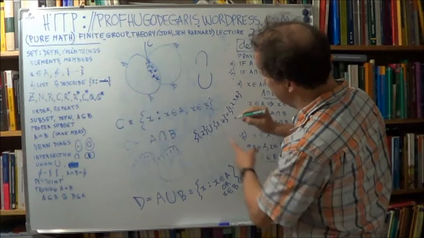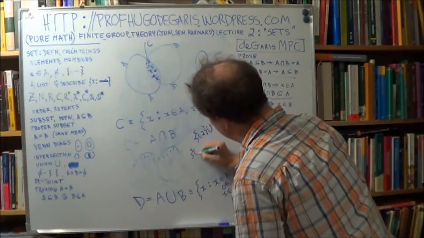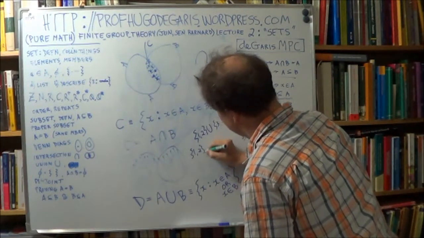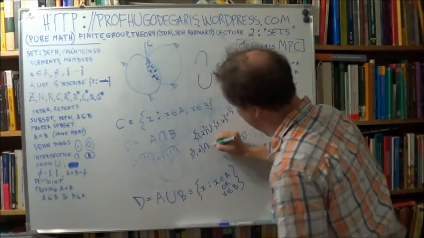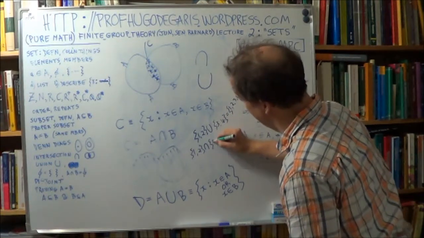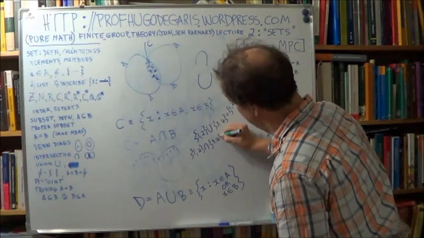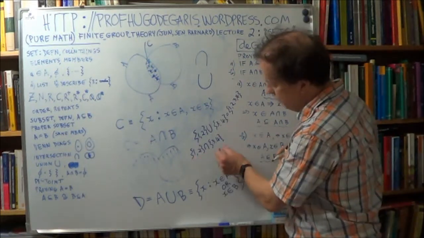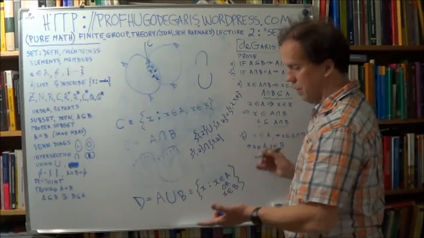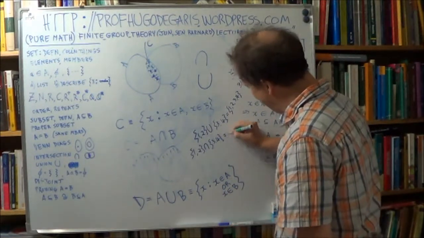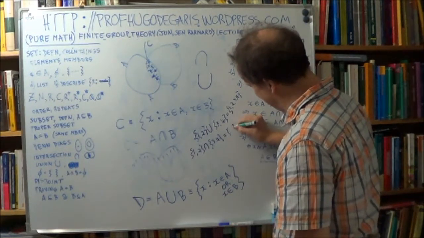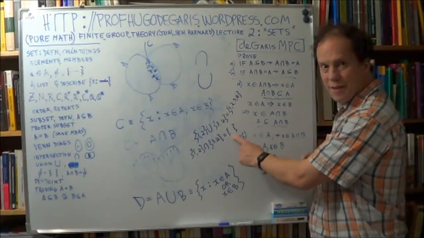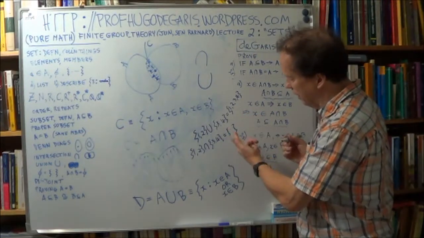Okay? But what about the intersection? So if I intersect these two sets, what happens? Well, there's nothing in common, right? There's no element that's in both sets. So I get an empty set. Okay? There's just nothing in it.